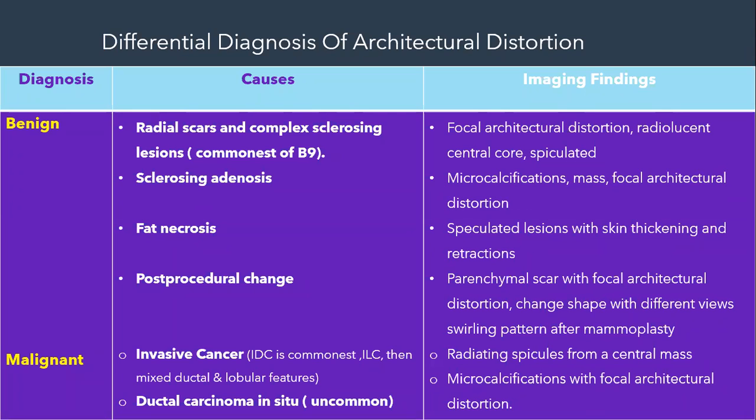Fat necrosis is usually associated with inflammatory reaction, skin thickening, tethering and retraction, and you might see microcalcifications or dystrophic calcifications. Post-surgical scarring might be associated with skin scarring, and the parenchymal scarring will show different shapes in different views. Specifically for mammoplasty, we said it has a characteristic swirling pattern in the inferior aspect of the breast.